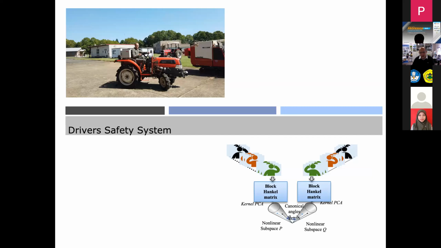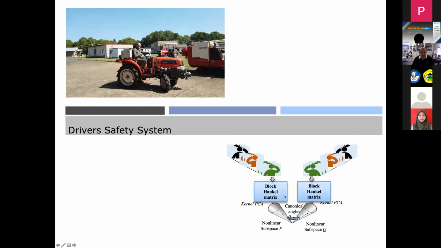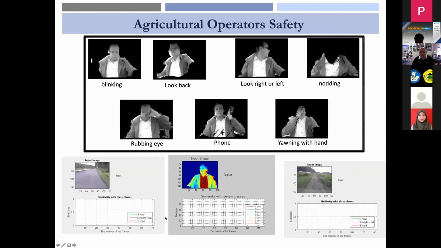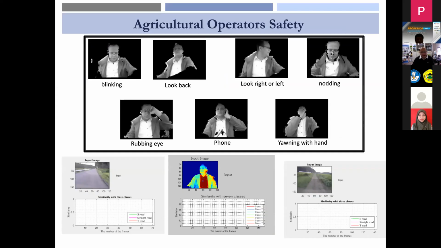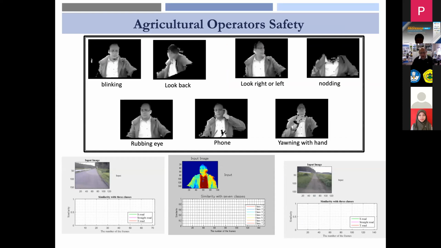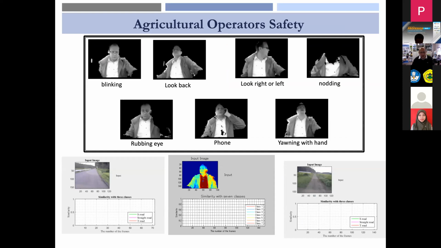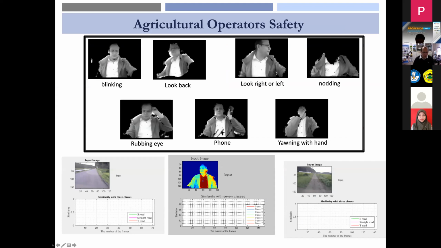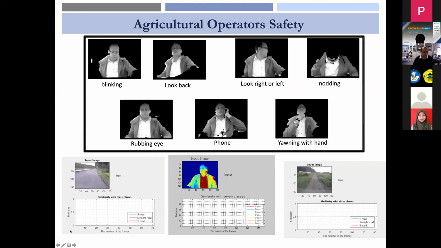In addition to the driving systems, we also work on safety systems for the farmers while they work. One of my PhD students worked on face tracking systems. Face tracking means that if farmers are using machines at the farm level and have any health conditions that need to be followed up, we can monitor those.